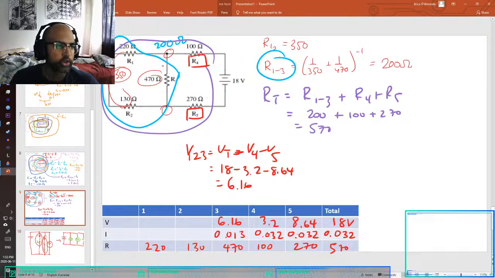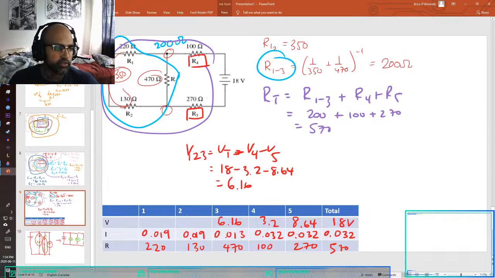So if 0.013 amps is passing through R3, how much is passing through this? It's the remainder. So it's 0.032 minus 0.013. That means we're getting 19 milliamps for both of these. And these two have to be the same because they're in series with each other. And we're pretty much done.